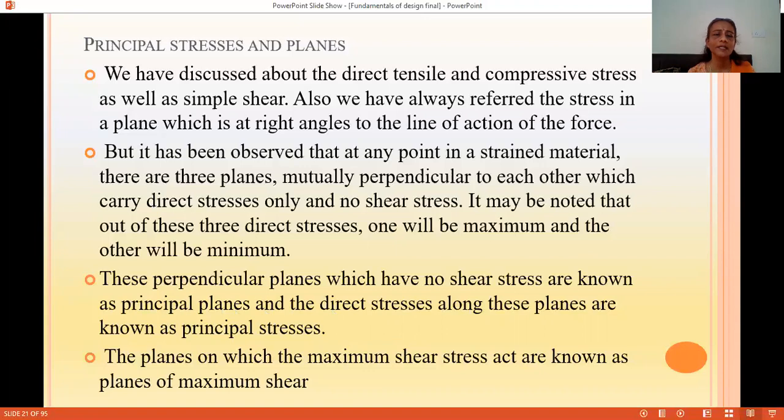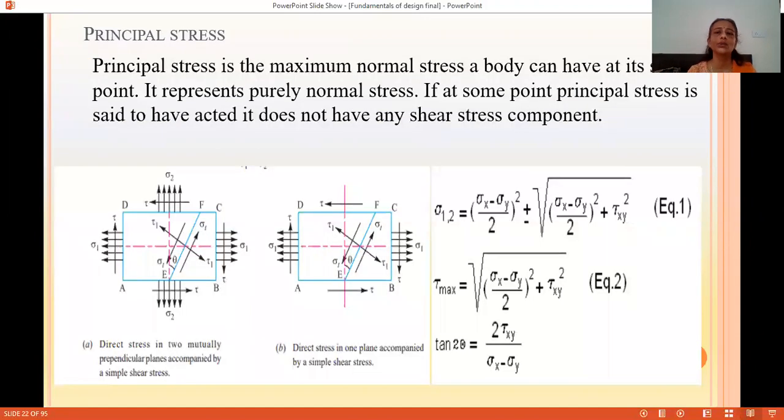Whenever there are principal stresses, they have two extreme values, one larger and one smaller. The largest is known as the maximum normal stress, that is the major principal stress, and the lower value is known as the minor principal stress.